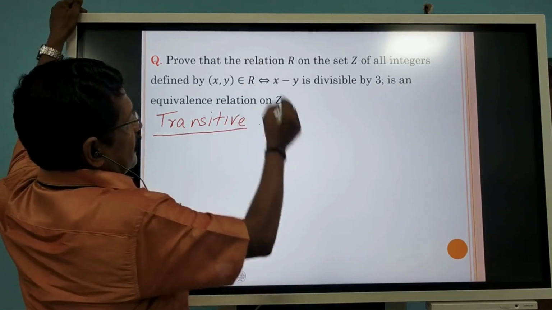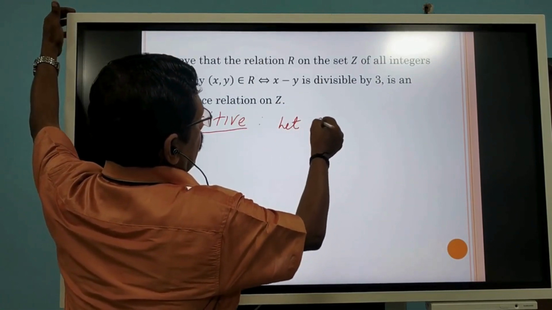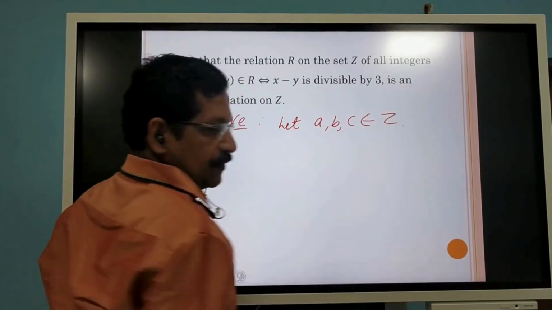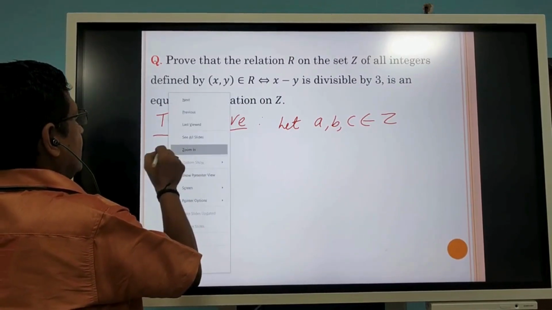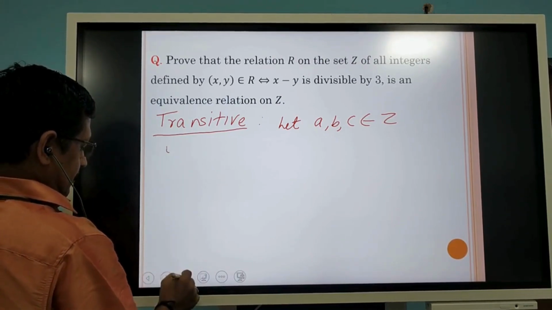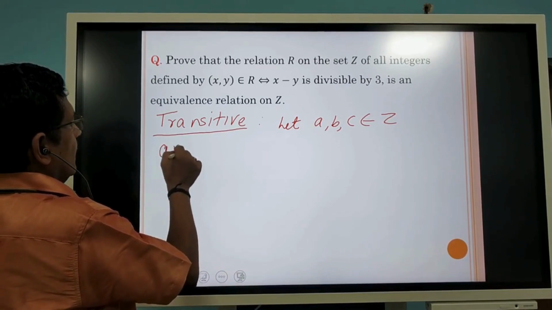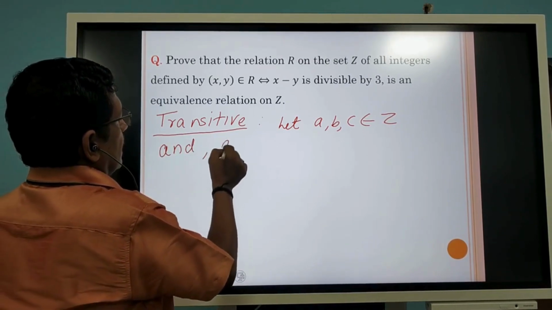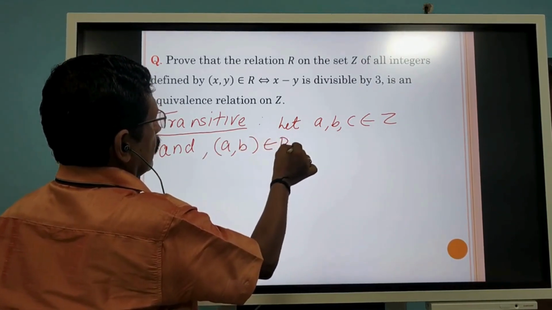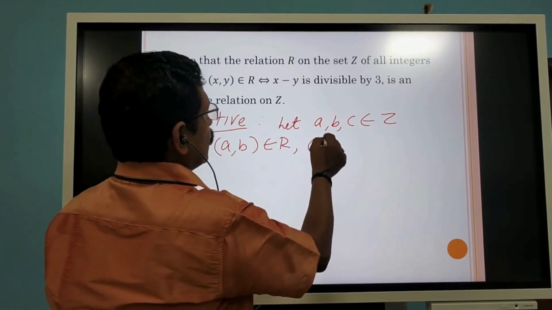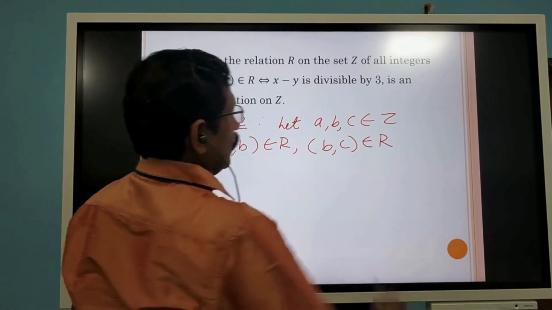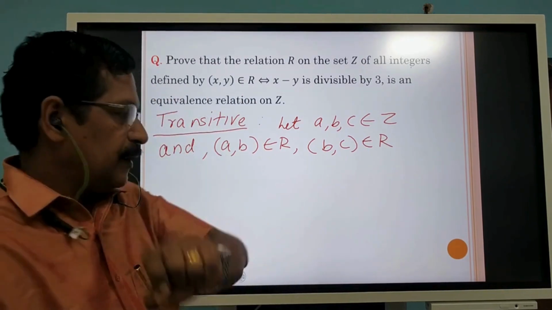So for the transitivity case, I am taking letters a, b, c as three arbitrary integers, and a is related to b, that is ordered pair (a, b) element of R, comma b is related to c. We have to get a is related to c.